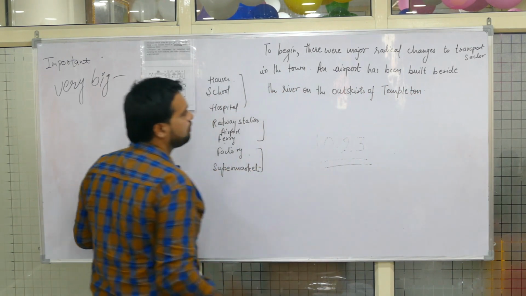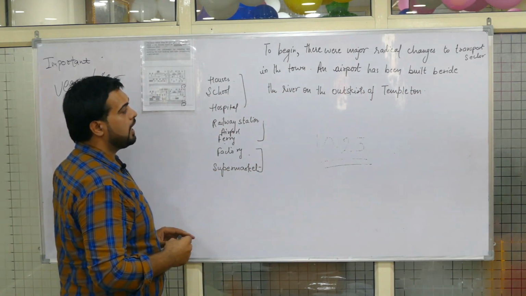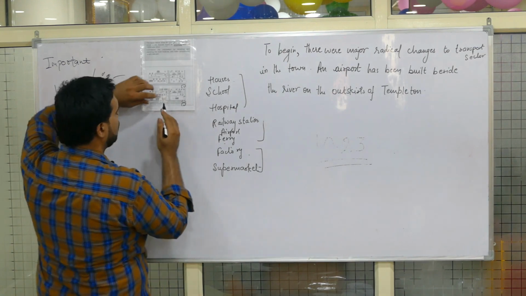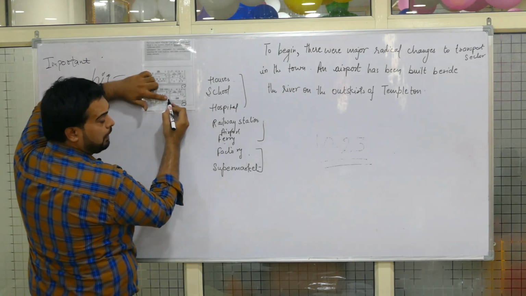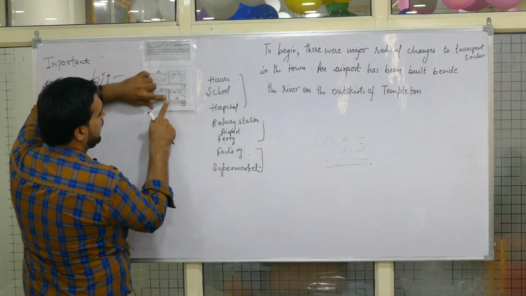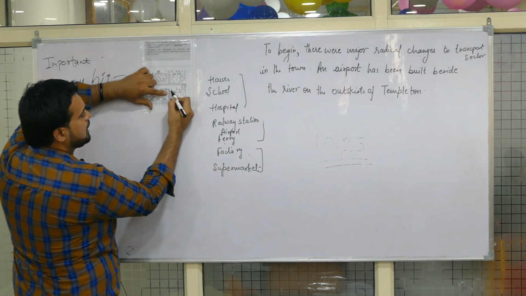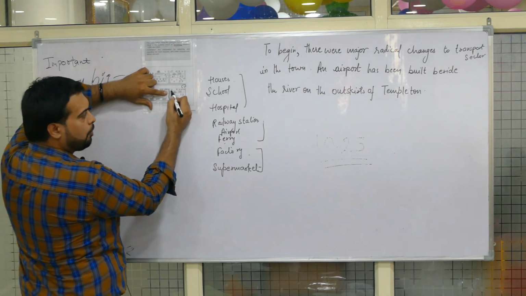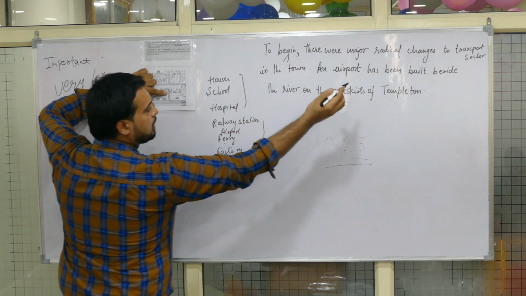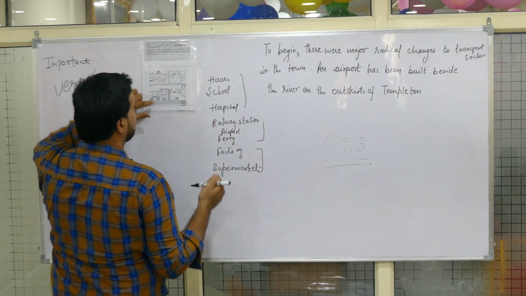So here, an airport has been built beside the river. Please look at the booklet I have given you. Here the river is in the middle. The airport is behind. What is it called, behind? A back. Behind the river, on the outskirts of Templeton.